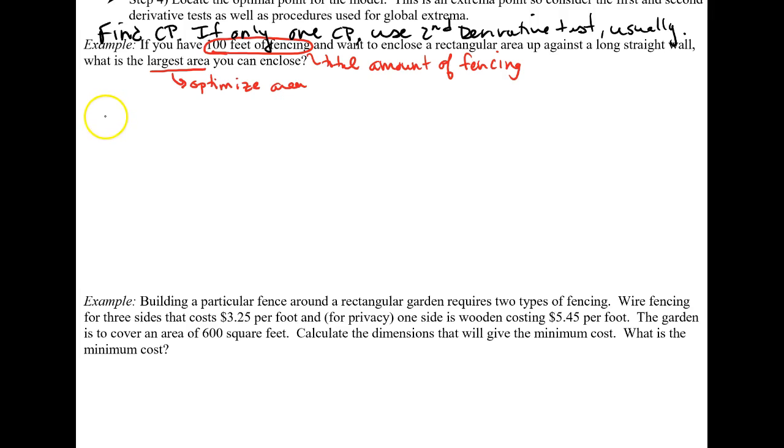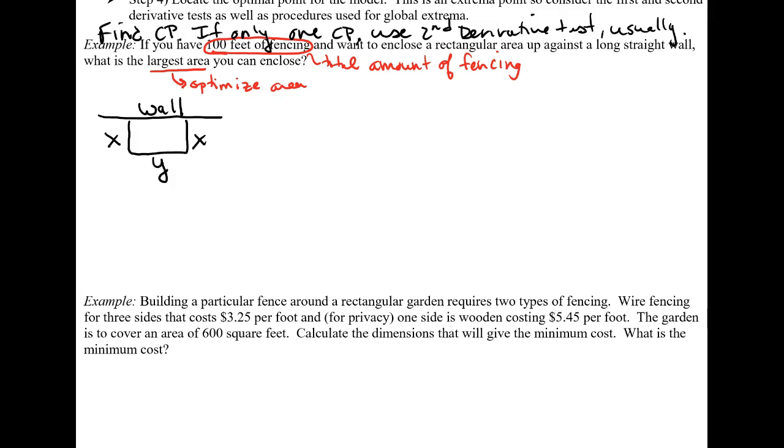So I'm going to think about what's going on. On this one side I have a wall, and then I'm going to have a rectangular shape. We're going to call these both sides x, because one's x, then the other one across from it is too, and then this one we'll have to call y, because it didn't say square. So now all the sides don't have to be the same.